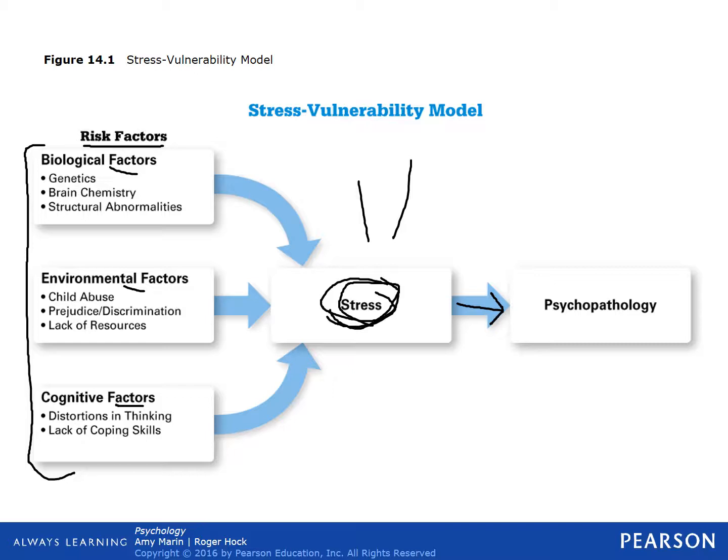And that explains why two people can experience the same stress, and one develops disorder, one doesn't. This is what they've looked at with twins, identical twins who have schizophrenia. So both have the same genetics, but one ends up with schizophrenia and one doesn't. And they think it's something to do with stress at critical points in the development that led to changes.